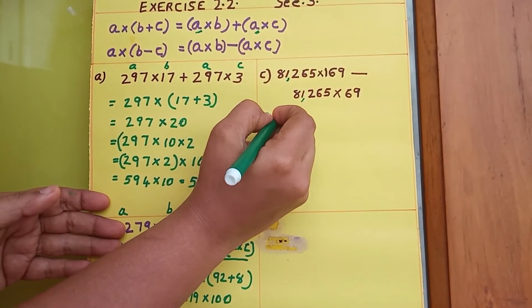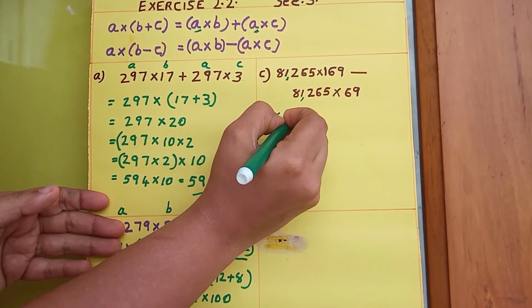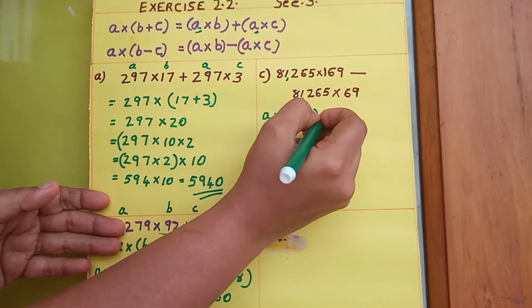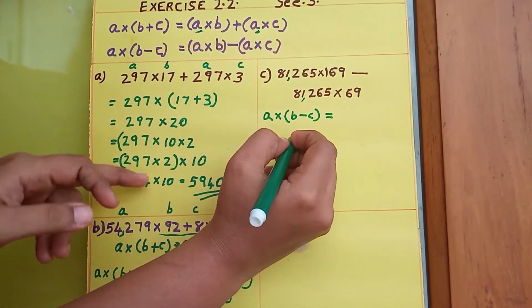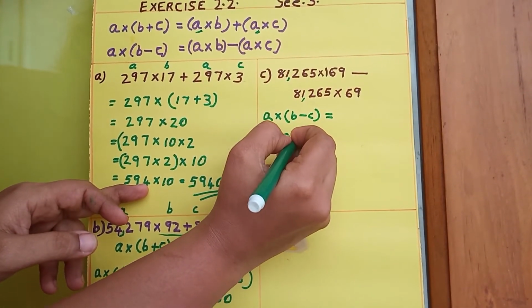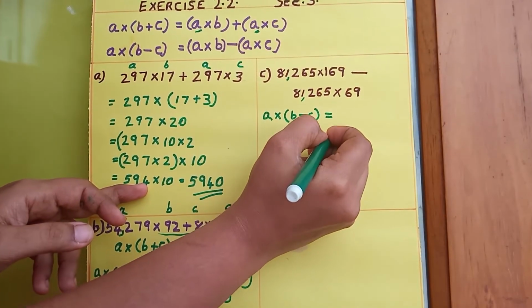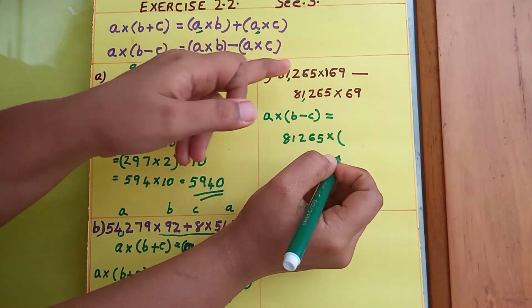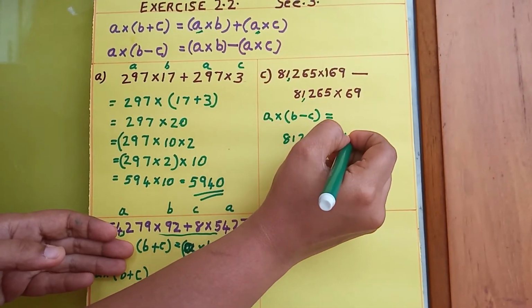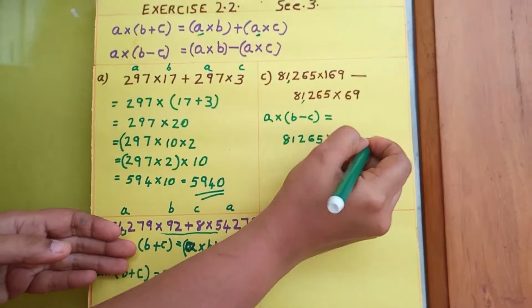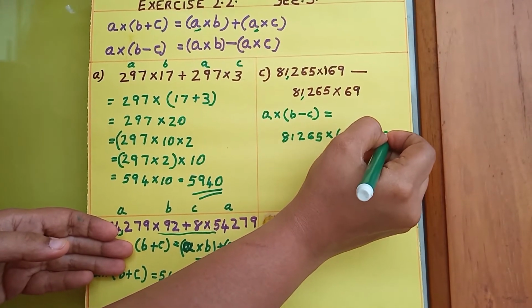LHS is A into B minus C, equal to 81,265 into B is 169 minus C is 69.